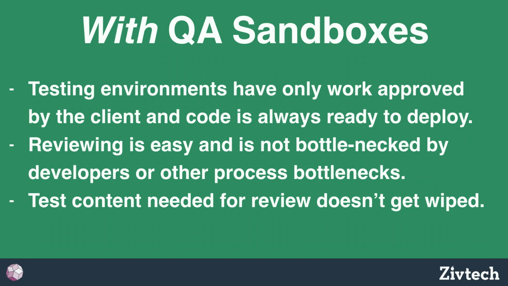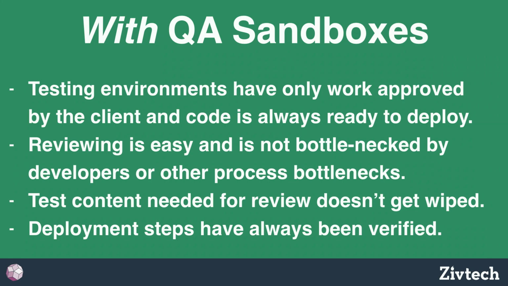You always have the copy of the database that you need. And the deployment steps have always been verified. Everything that we're doing is in code, so there's always a history to our commits. Even everything in your Probo config file is in your repository, so that's in code revision control as well. So everything is verified by other developers and reviewed.